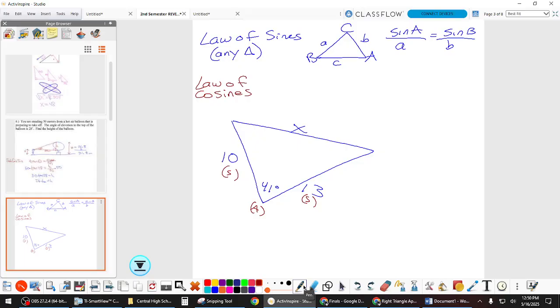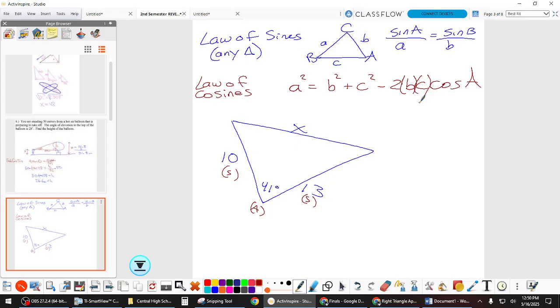Anyway, law of cosines. Anybody find it? A squared equals b squared plus c squared minus 2bc times cosine A. Awesome. And we always put these in parentheses when we actually plug numbers in.